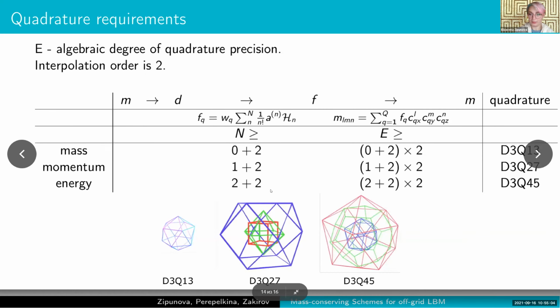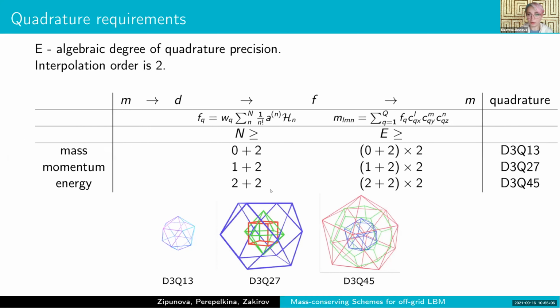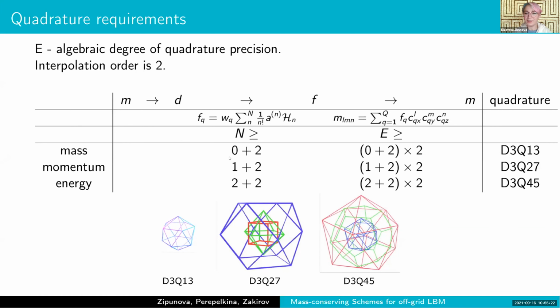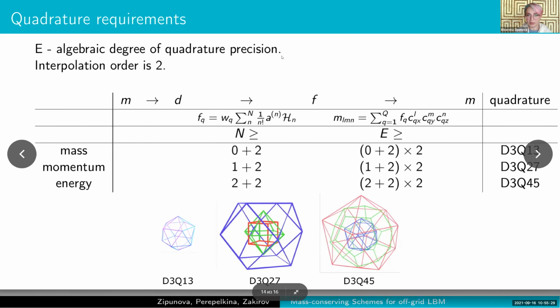In this algorithm, each conservation law has its quadrature requirements. To provide mass conservation, we need to properly calculate second order moments because they are needed for prediction, which was two slides ago. So to properly calculate second order moments, we need to use them in Hermite expansion when we calculate discrete distribution function, to provide moment matching.